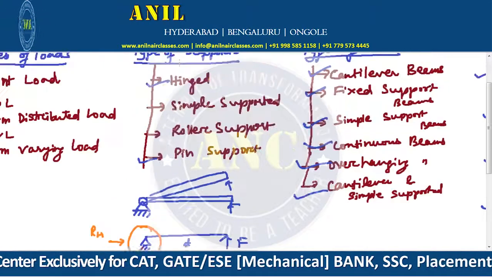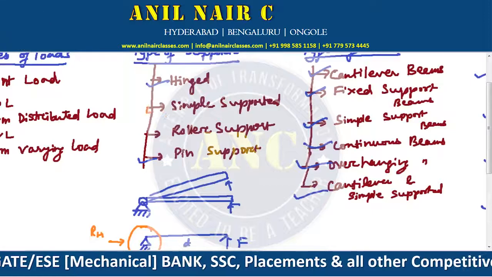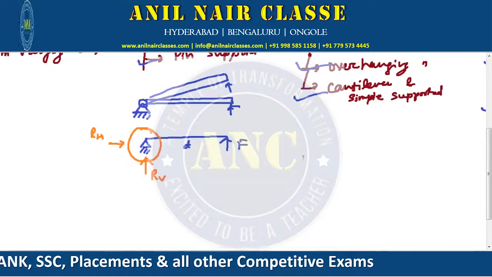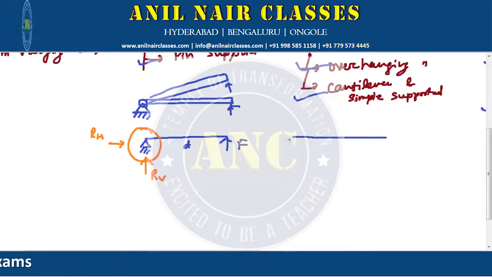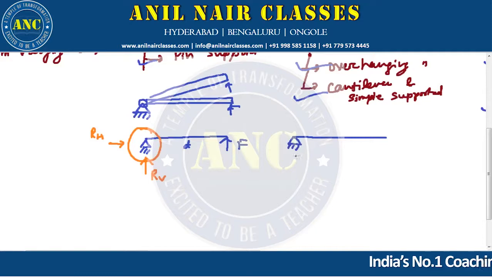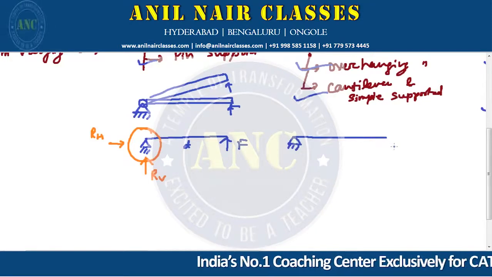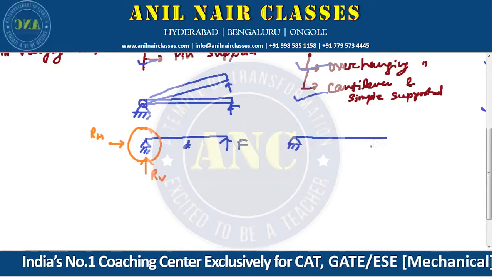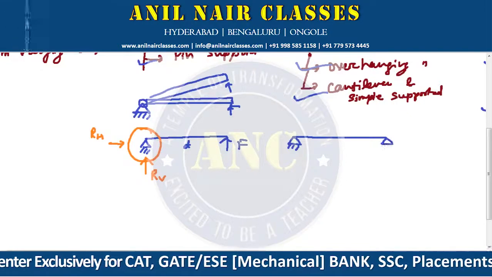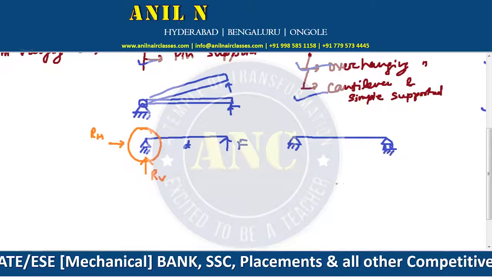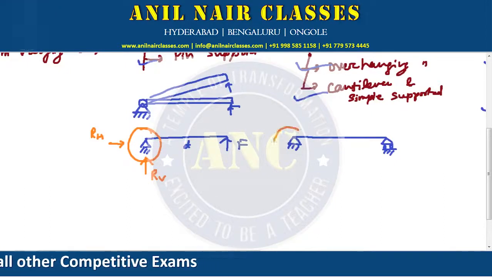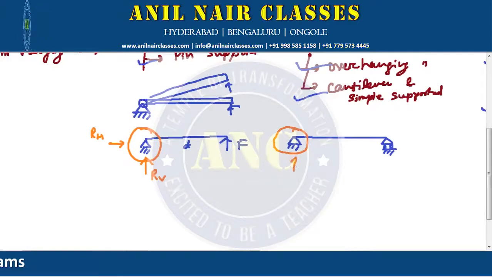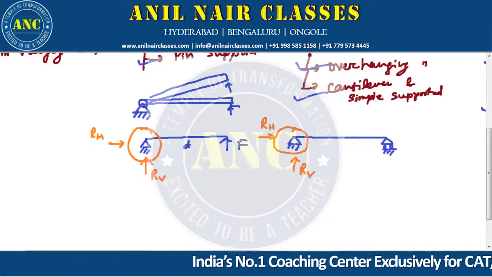Similarly, coming to simply supported, here what happens is, if I take the same beam such that one side is supported with a hinge support and the other side is supported with a roller support, and I change to a free body diagram, the reaction forces on the hinge side will be a vertical reaction and a horizontal reaction.